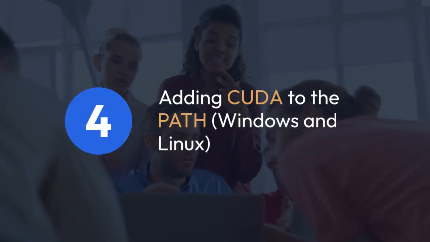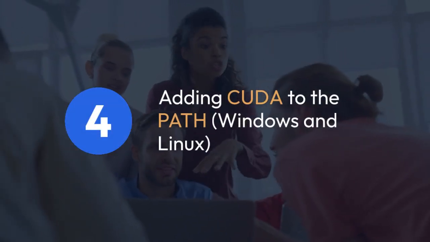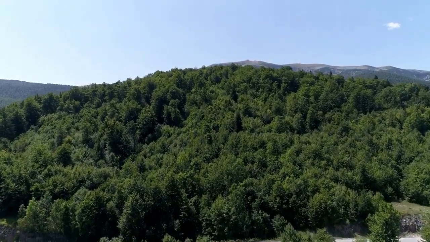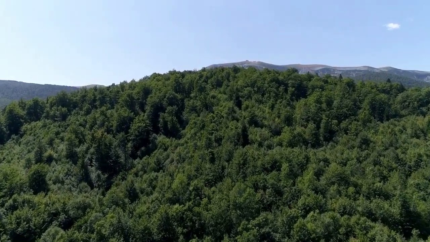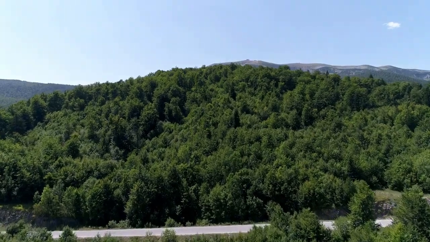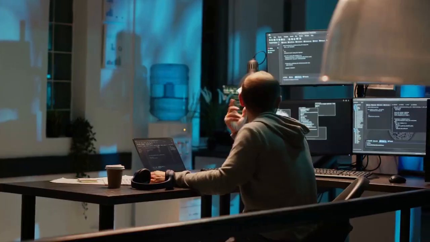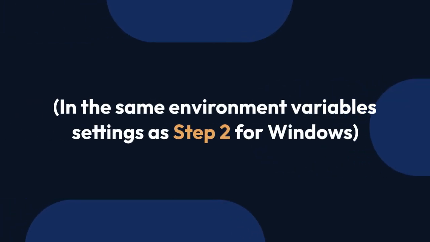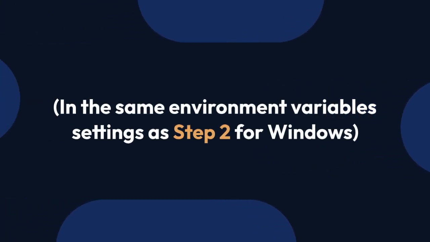4. Adding CUDA to the path, Windows and Linux. After setting CUDA_HOME, you might also need to add the CUDA bin directory to your system's path environment variable. This allows your system to find CUDA executables. On both Windows and Linux, find your path environment variable, in the same environment variables settings as Step 2 for Windows.